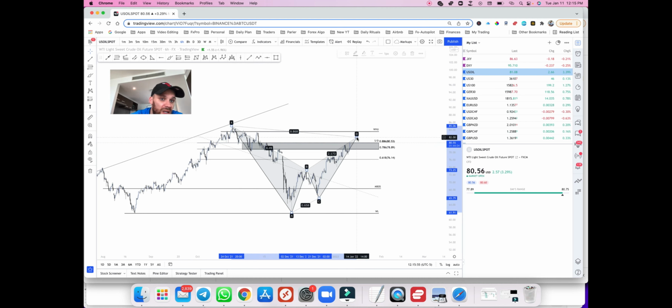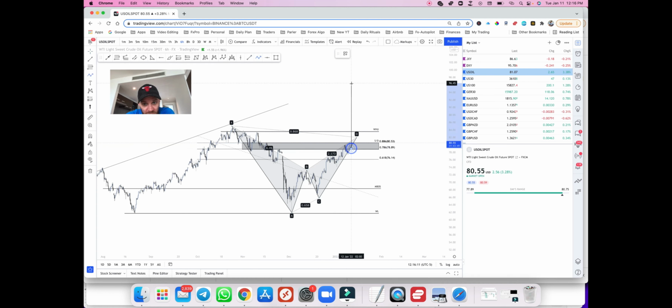Now remember what I said earlier in regards to the weekly. Just because it's in this zone, it doesn't mean to say that it can't go any higher. It can go higher. It can go a lot higher. It can be manipulated all the way. It could do this literally in one day, like that.